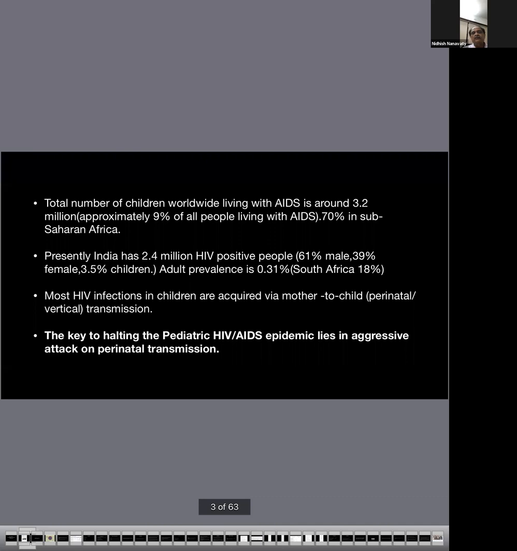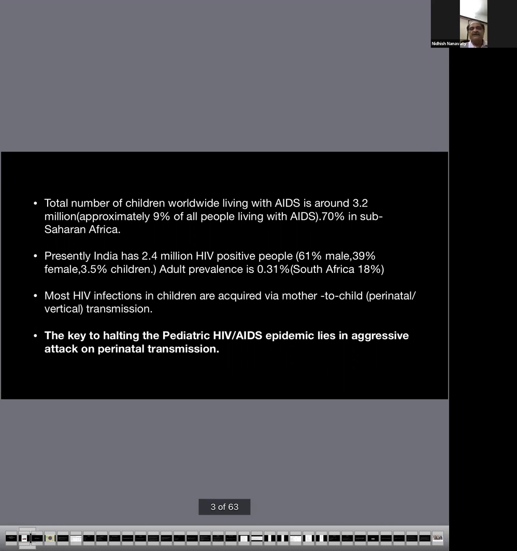And worldwide, around 3.2 million cases of AIDS in children is there, and out of them, 9% of all living with AIDS. In India, it has been estimated that about 3.5% of children out of total 2.4 million HIV positive people are there, and adult prevalence is 0.31%.